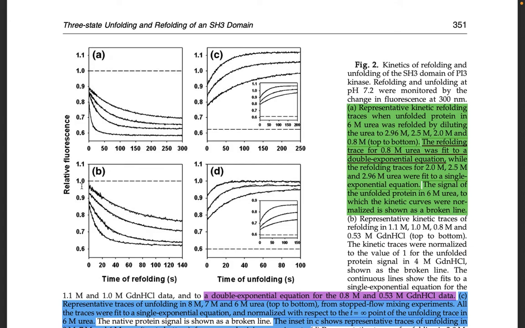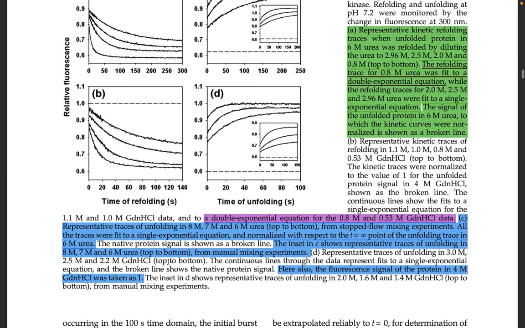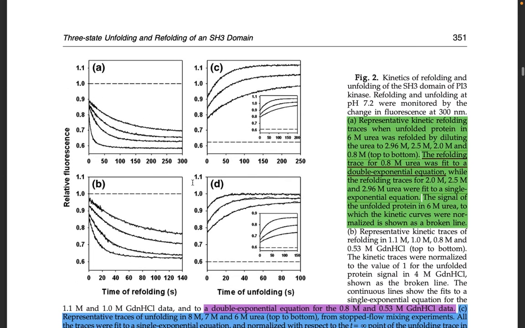The fluorescence signal at t equal to 0 and t equal to infinity is plotted for both urea and guanidinium hydrochloride. So A and C are urea, and B and D are guanidinium hydrochloride.